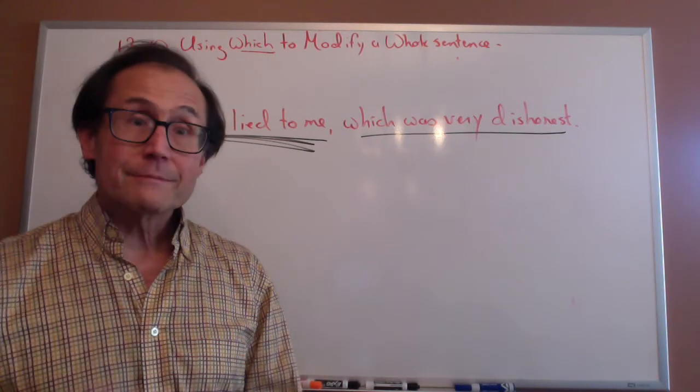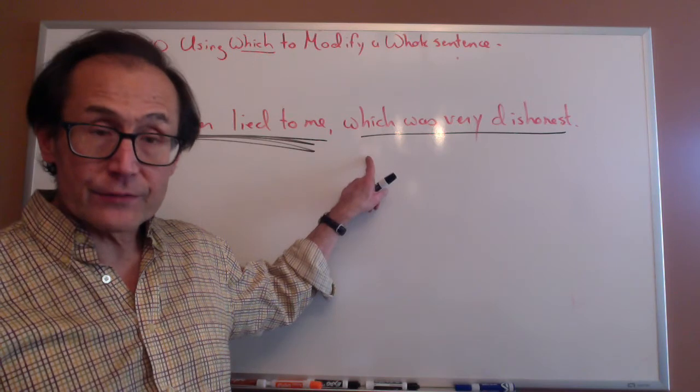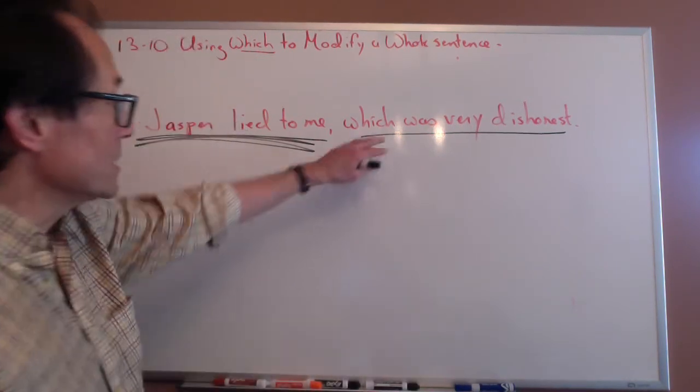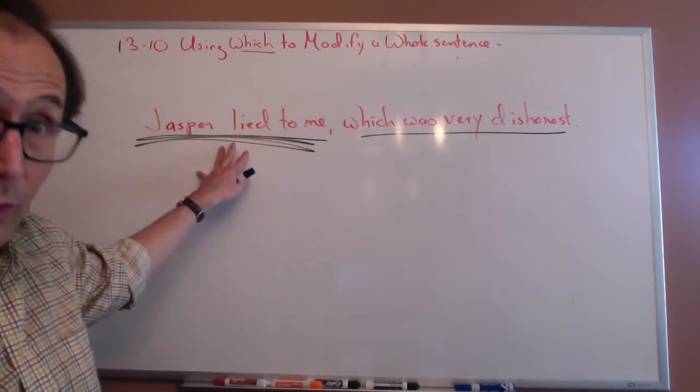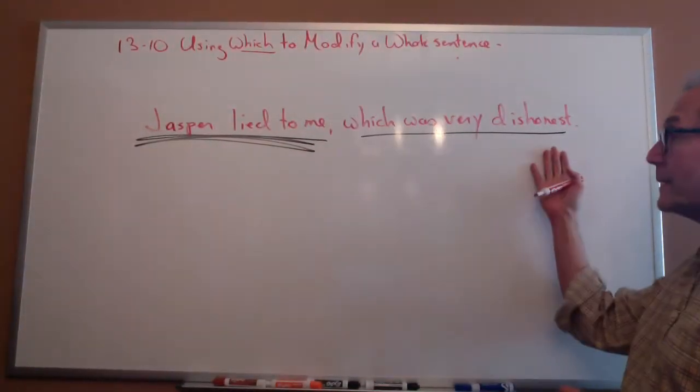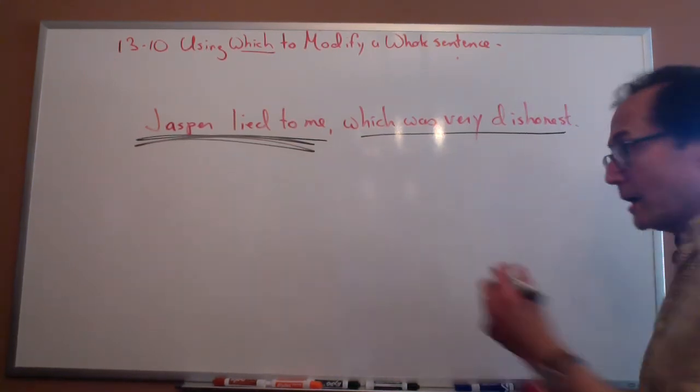Important point. When I use an adjective clause like this to modify a whole sentence, in other words, when the adjective clause tells about the whole idea, not just one word, not just one noun, when it tells about the whole idea, I always use a comma.